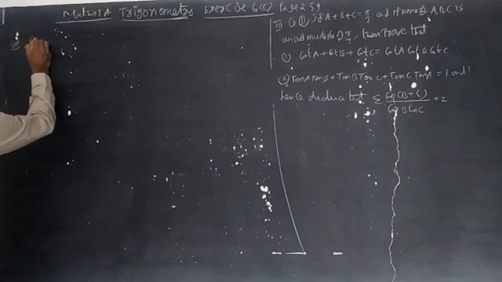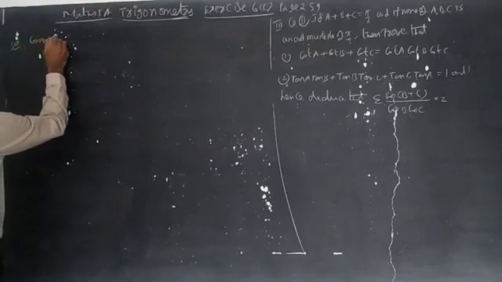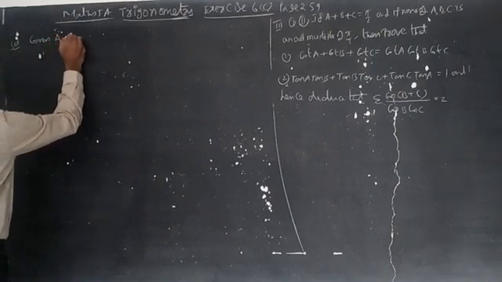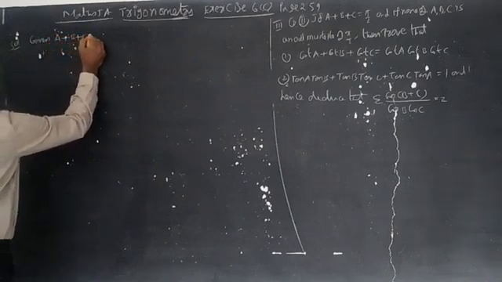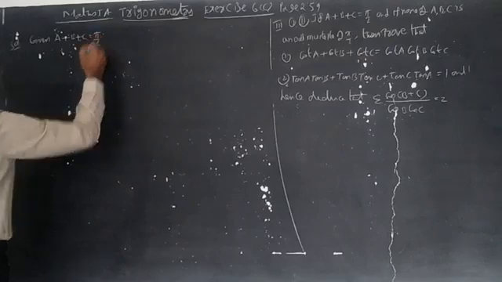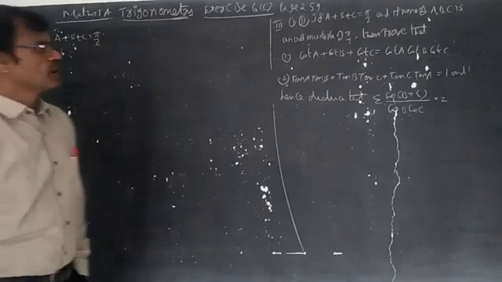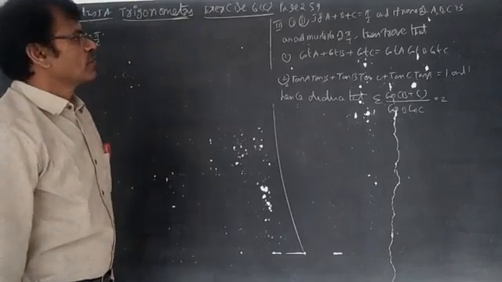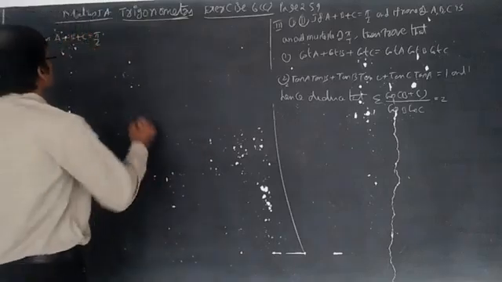Take first one. Given A plus B plus C is equal to pi by 2. None of A, B, C is odd multiple of pi by 2, it's okay.